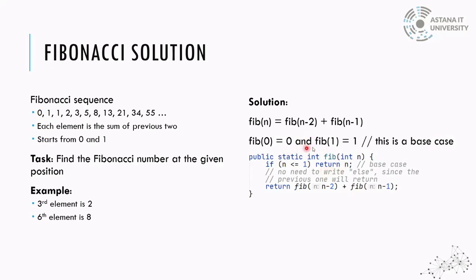So for 0 it's 0, for 1 it's 1. And for all other cases, we just return Fibonacci n minus 2 plus Fibonacci n minus 1. There's no need to write an else statement, because when you write return, it means that you won't go to the next step, because return exits the function altogether.